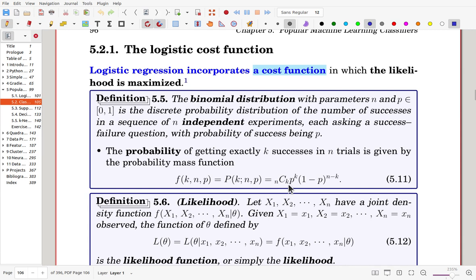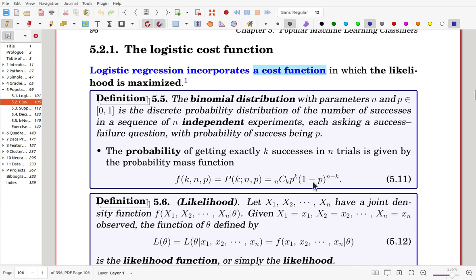For one case, we have that probability p, and there are k successes. So for all k of them it should be success, and for the remainder, n minus k, must be failure.